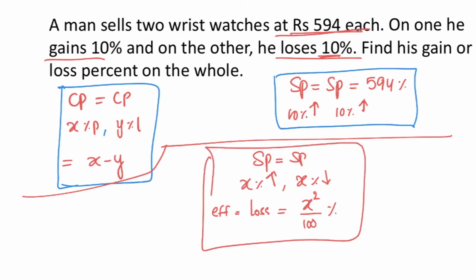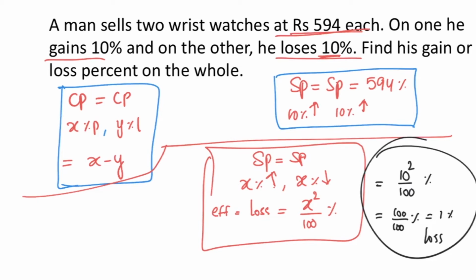Formula is X square by 100. So for this problem, the answer is 10 square by 100%. 10 square is 100 by 100%, which is equal to 1%. There is a 1% loss in this transaction.